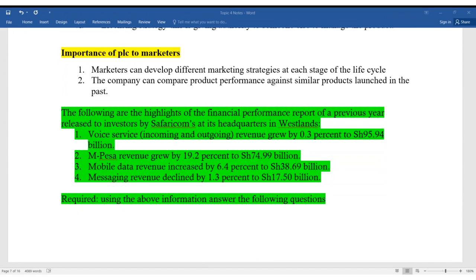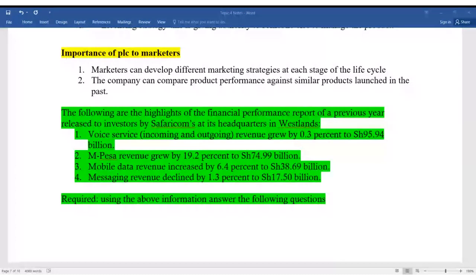Now, I want you to look at this, the one that I'm putting, this is an example exercise. The following are highlights of financial performance report of a previous year released to investors by Safaricom at their headquarters in Westland. 1, voice service.